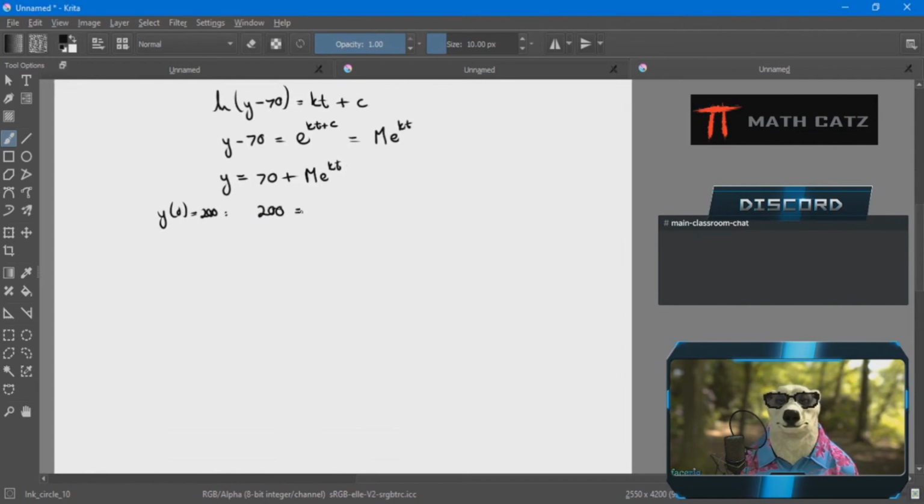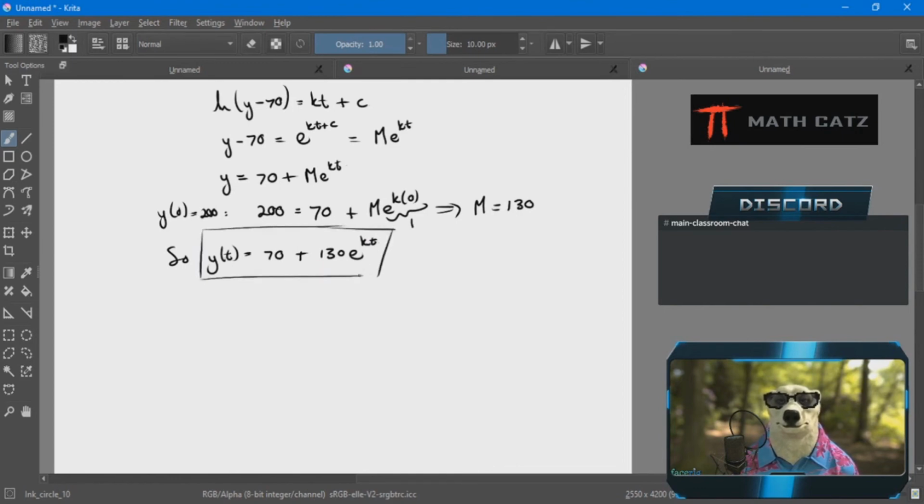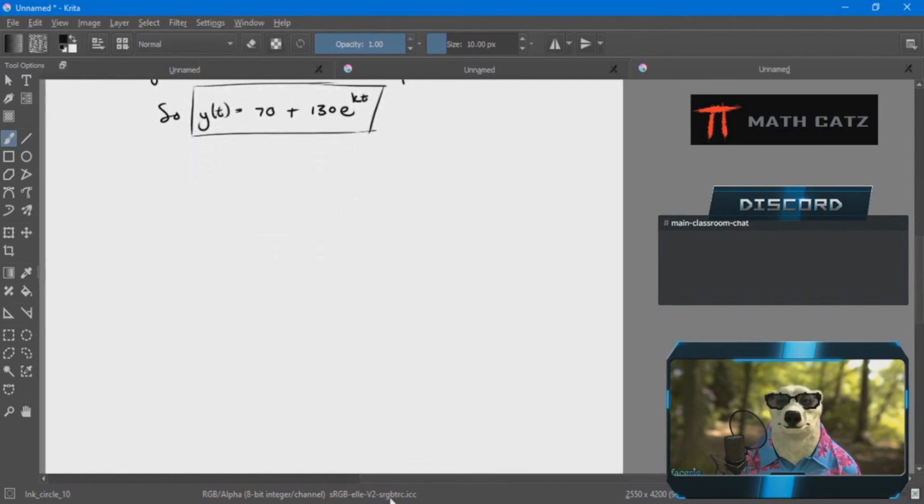So 200 for y, everything else is the same, and t is now 0, making this a 1. And so m is the difference, which is going to be 130. So my function of the coffee temperature changing over time is 70 plus 130 e to the kt. Now I don't know k yet. I need more information, but that is certainly my function that I will use.